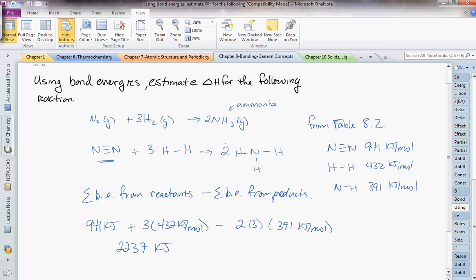Multiply by essentially 6 moles, and we would get 2,346 kilojoules. You put that together, and we would get negative 109 kilojoules, and that will be the change of enthalpy for our reaction.